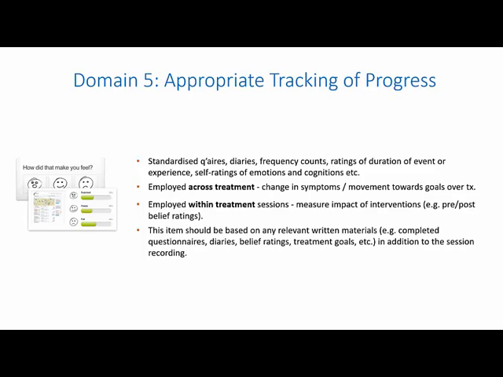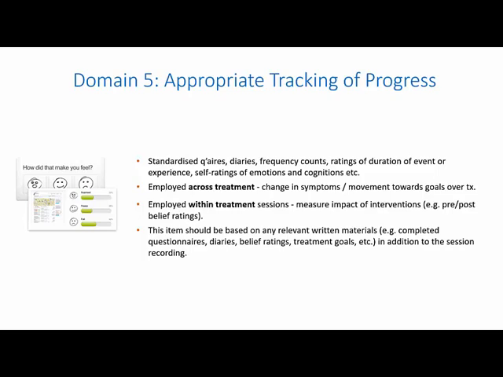We're looking here at whether these methods are employed across treatment, so to measure change in symptoms and movement towards goals over the entire course of treatment as a whole. But we're also thinking about employing measures within treatment sessions to examine the impact of interventions completed within the session or for homework, so for example belief ratings pre or post intervention.